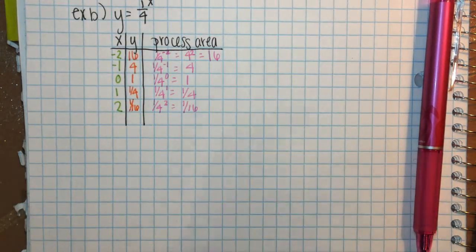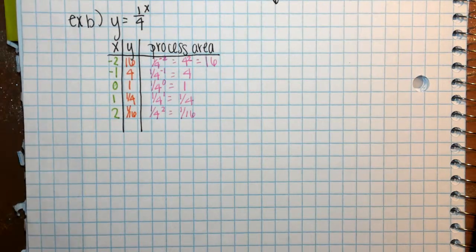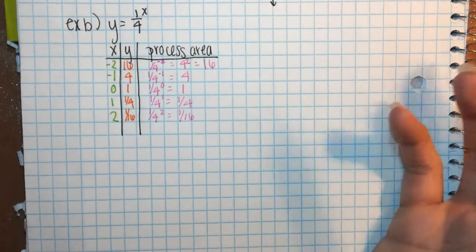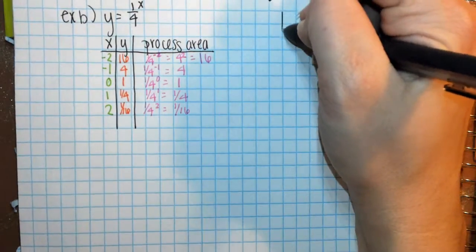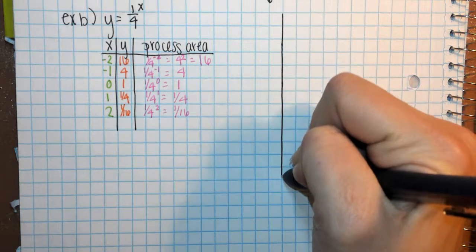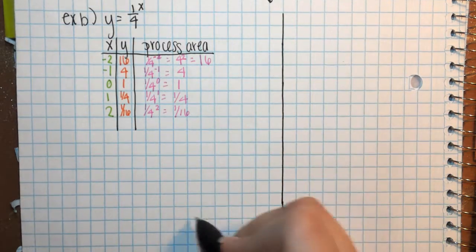Now remember, we're not afraid to graph these fractions because fractions are friends, not food. And we know that to graph a quarter and a 16th, you just go up a little bit. And we have a grid paper to help us. I'm going to have to make this graph a little bigger since I have to go up 16.